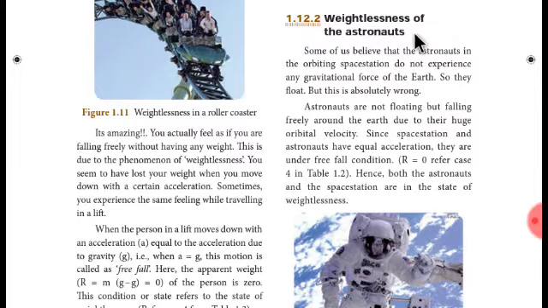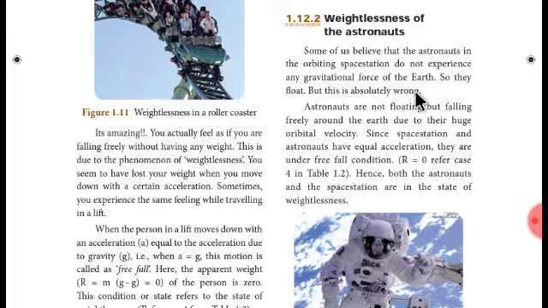Weightlessness of the astronauts. Some of us believe that the astronauts in the orbiting space station do not experience any gravitational force of the earth, so they float, but this is absolutely wrong. This is a misconception held by almost every student.